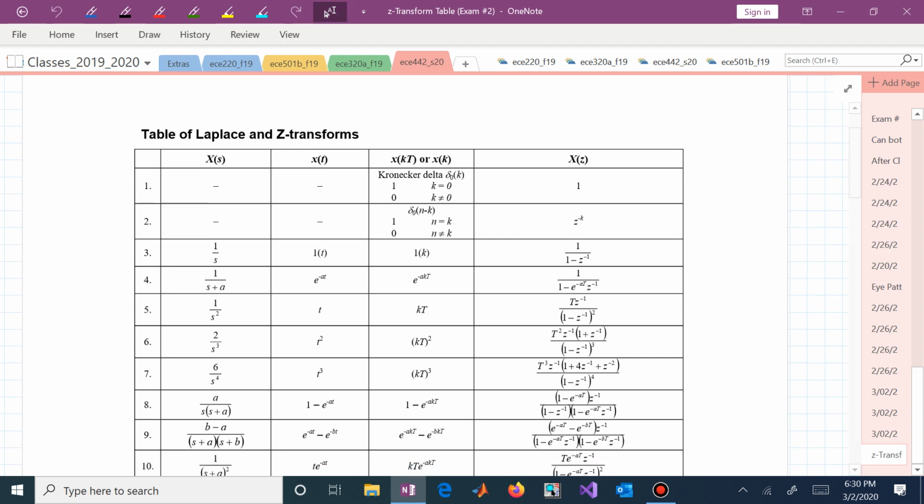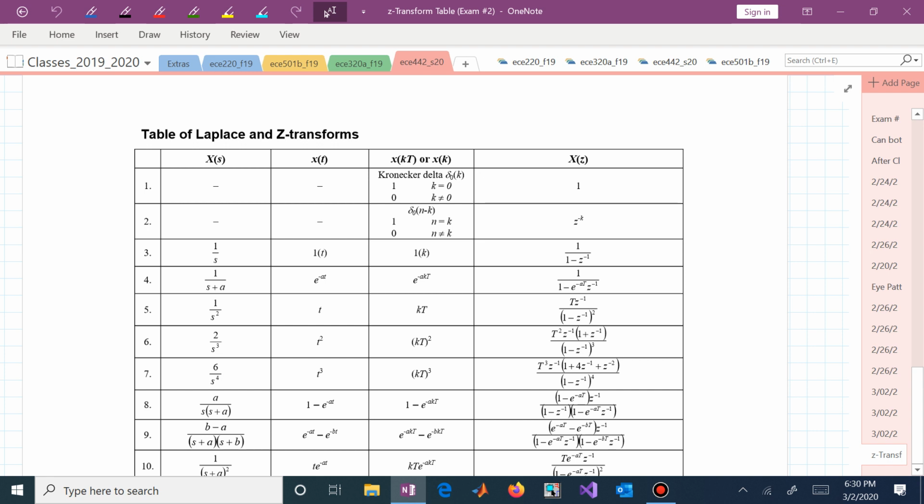I just happen to have a Z transform table. And this may look different to you, but this is now under exam number 2's material. This is a different table, but you need to get comfortable looking at different sources, so I'm giving you a second table. Can you now find in the capital X of S row something that looks like 1 over S?